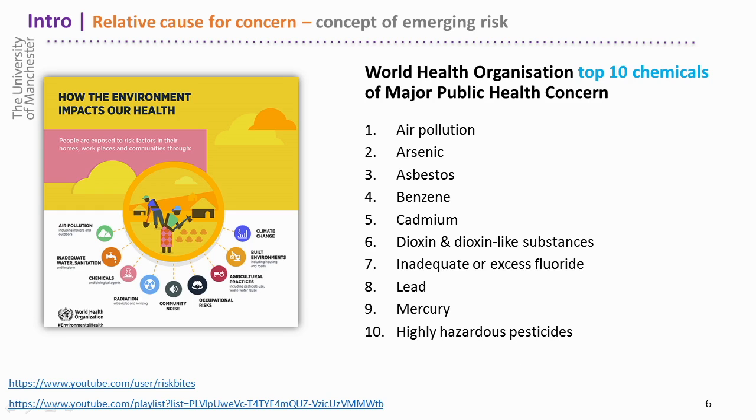So this is a list of the major public health concerns from the World Health Organization. You can see the top one is air pollution, and then you have quite a few chemicals. There's also radiation, which could be quite dangerous, but this can usually be controlled if we don't do something wrong.